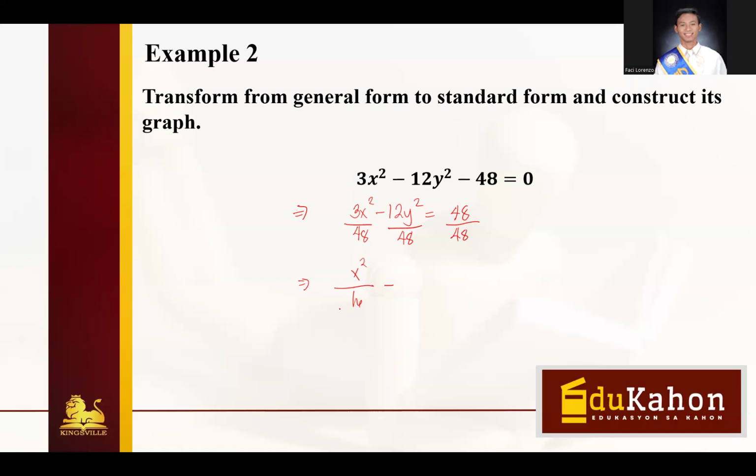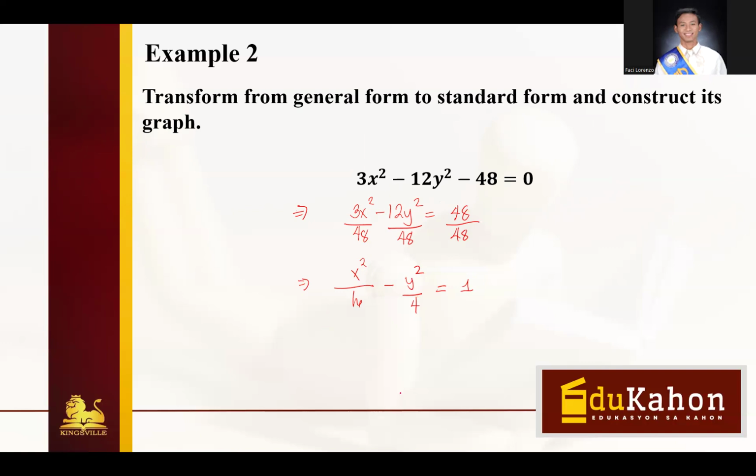And 1/4 can be written as y squared over 4, since we multiply y squared to 1/4. And we need to equate this to positive 1 because we know 48 divided by 48 is equal to 1.